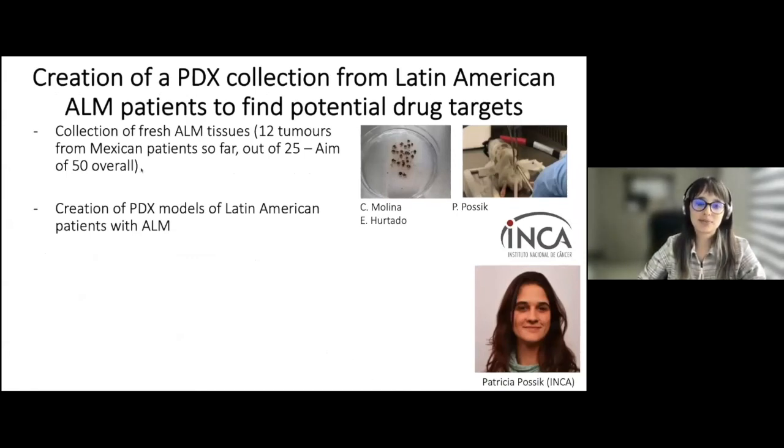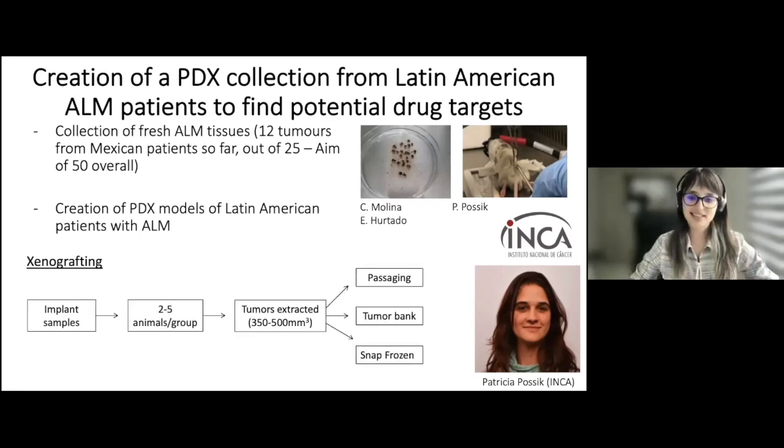So half of them from Mexican patients and half of them from Brazilian patients, and inoculate them into immunocompromised mice, allow them to grow and monitor their evolution, study their genomics, and then do tests of different therapeutic agents to see which tumors respond to what therapeutic agent. And of course, it would be the first collection done with patients from our own ancestry for this type of tumor. So we're very excited about this work.